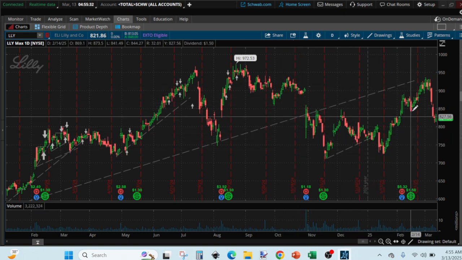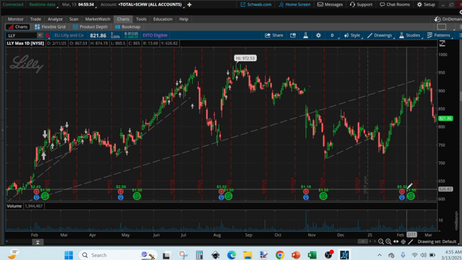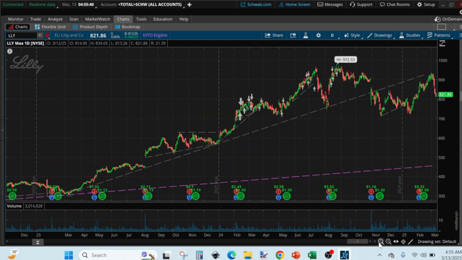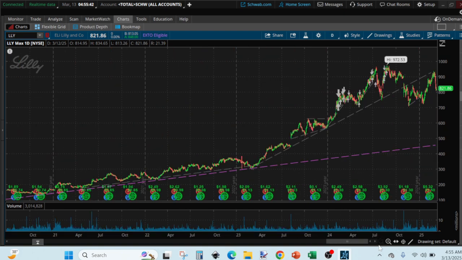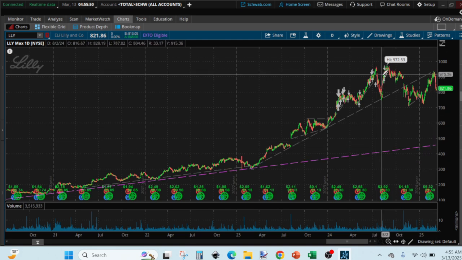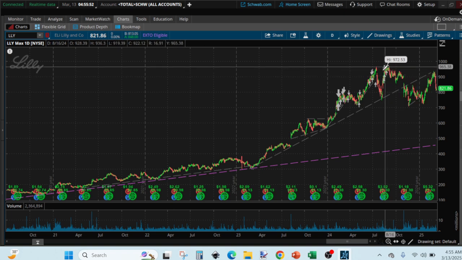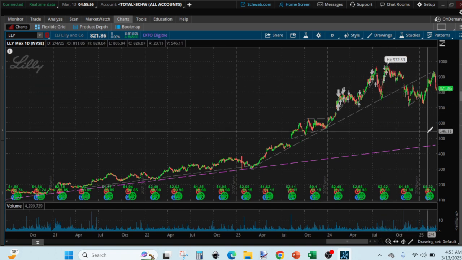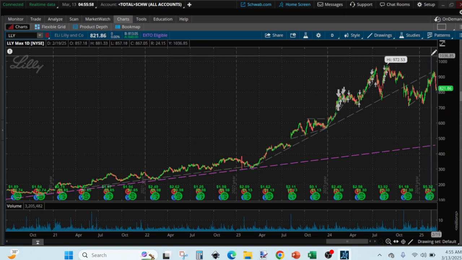It went down and went up and went down, so we just kept it in our portfolio until it became positive for us to sell it. We don't know if it's going to go all the way down to here before going back up again. We don't know, but it'll take a while before we are able to sell it, depending on how long it takes for the price to go back up.